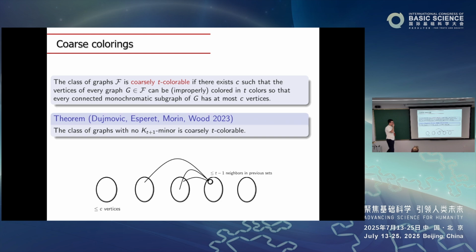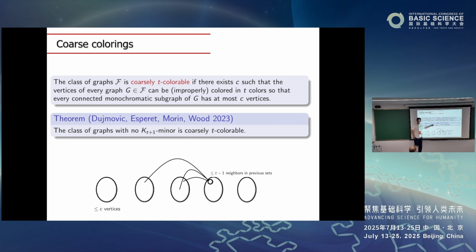But here's another side note. Hadwiger's conjecture is super nice because it's exact. If you exclude the K_{t+1} minor, you are coarsely t-colorable, and you need to exclude K_{t+1} because K_{t+1} is not t-colorable. You cannot exclude something else. You had better exclude the complete graph on t+1 vertices.